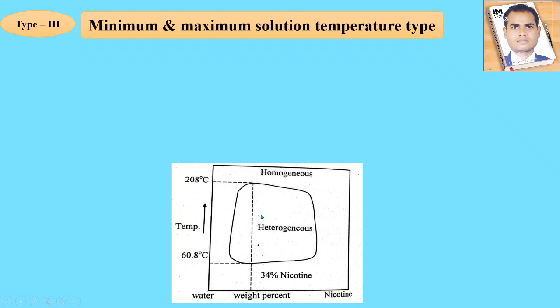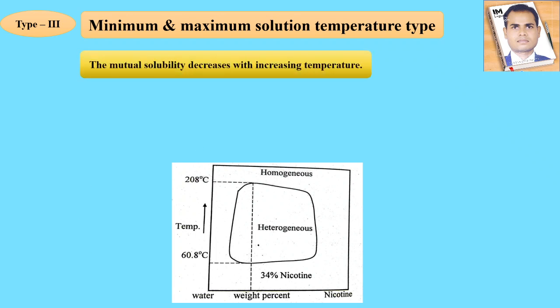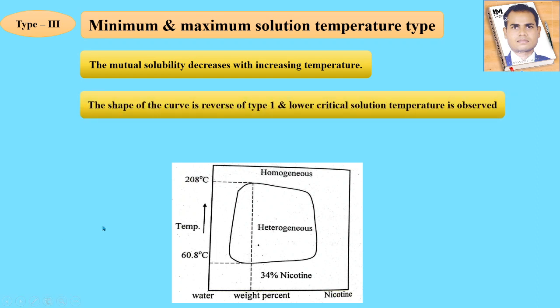Now we have to see the next, type 3, the minimum and maximum solution temperature type. In this type you again see a mixture of two different components, and we look at the solubility. If you increase the temperature, the mutual solubility decreases, and the shape of this curve is the reverse of type one, with the lower critical solution temperature observed here.